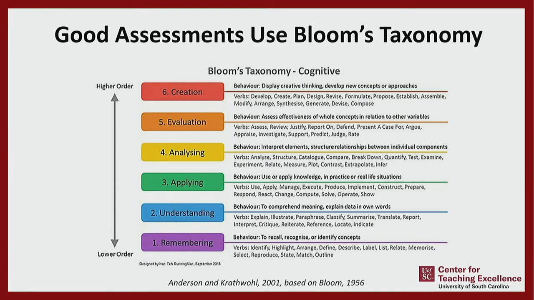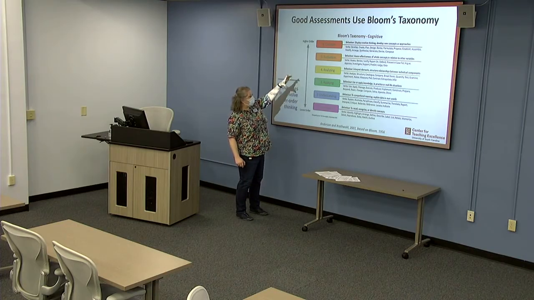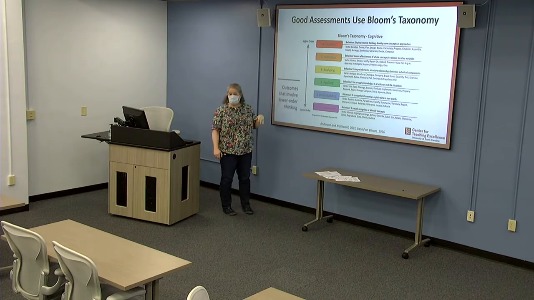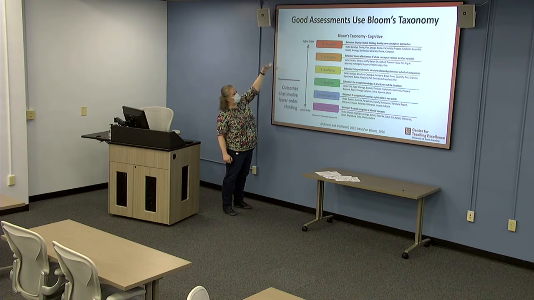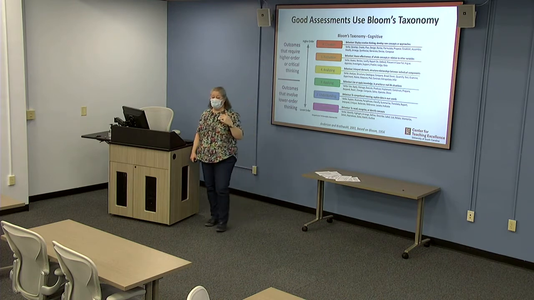So the beauty of Bloom's, first of all, it has these different levels. These are what we call lower order thinking skills, or LOTS, L-O-T-S, that's how I remember it. And then these upper ones, about 3 and up, are what we call higher order thinking, critical thinking, or HOTS.